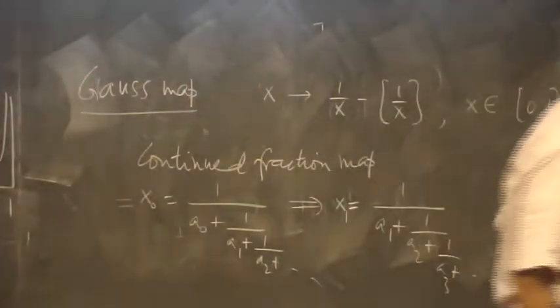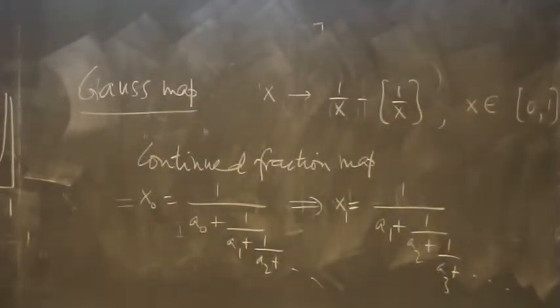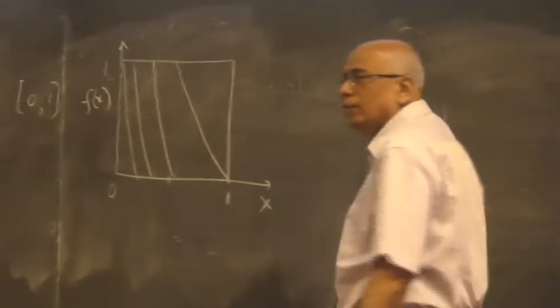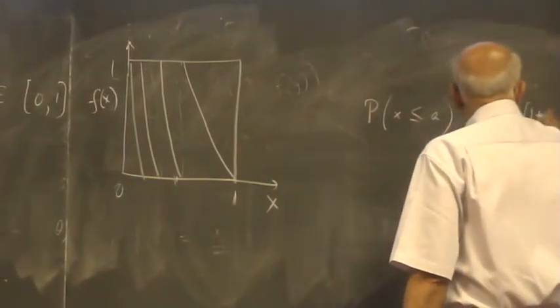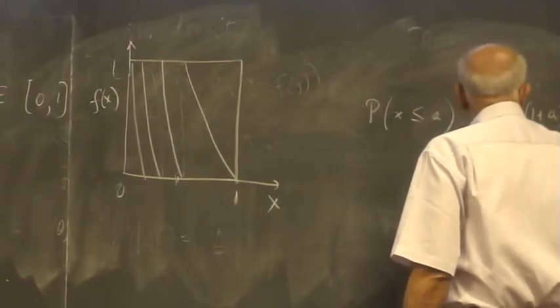And then he thought long and hard about this. Apparently other people also were looking at this problem, and eventually he found the solution, and he said that the probability that the iterate x is less than or equal to some given number a was equal to log(1 plus a) over log 2.